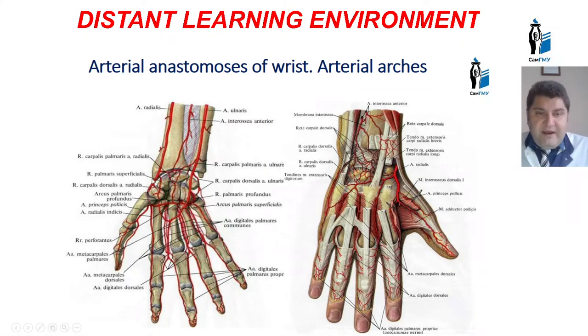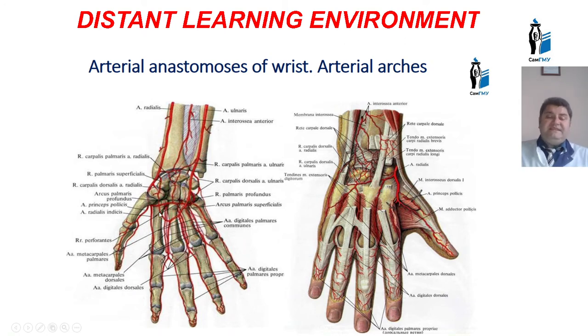So the radial artery with the deep branch of the ulnar artery forms the deep arterial arch in the hand. So these two arteries form two arterial arches in the hand. I repeat that the ulnar artery forms the superficial arterial arch, but the radial artery forms the deep arterial arch.